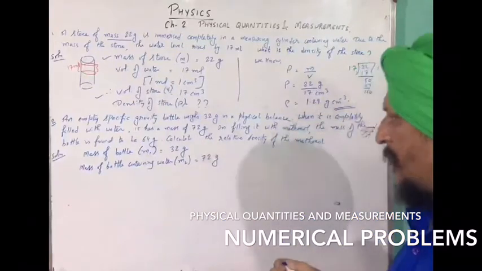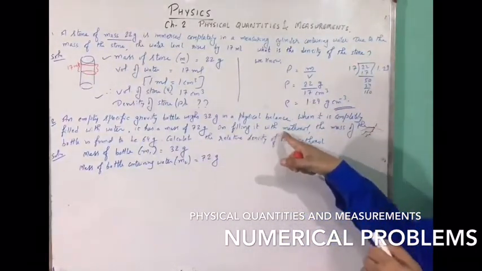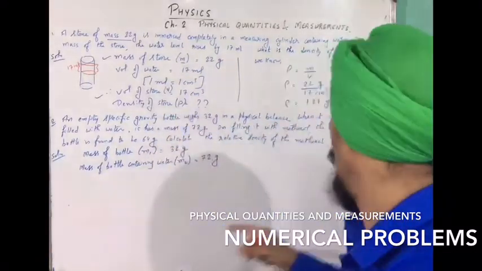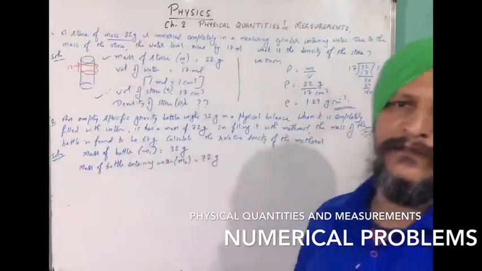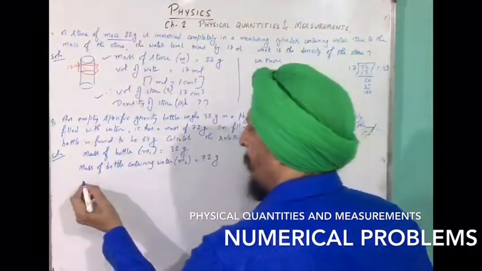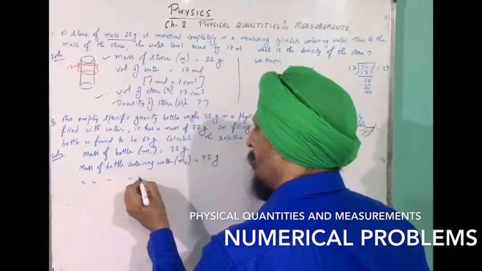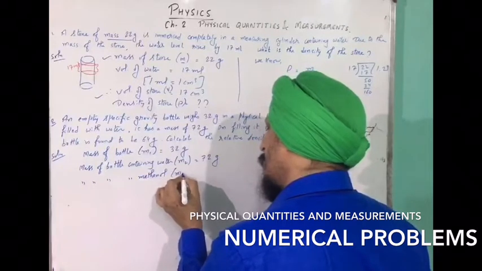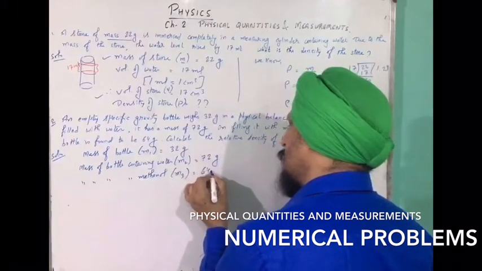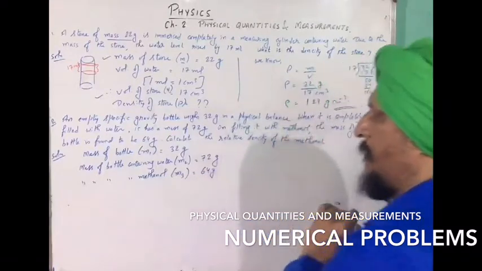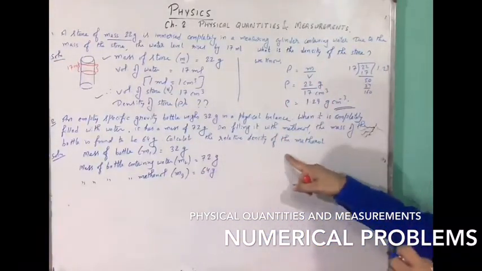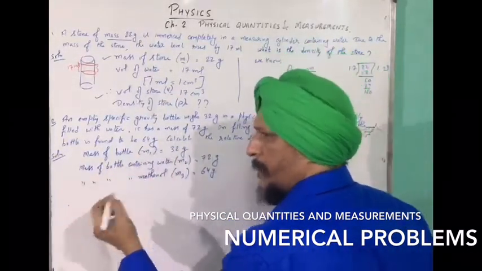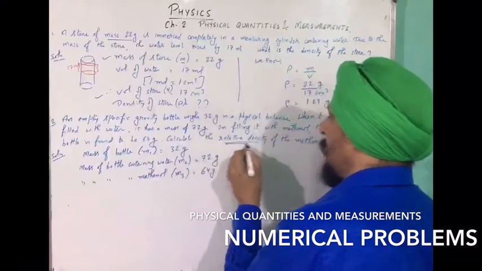Again, on filling it with methanol, the mass of the bottle is found to be 64 gram. So the mass of bottle containing methanol, M3, is 64 gram. We have to find the density of the methanol. First, you must keep in mind the relative density formula.